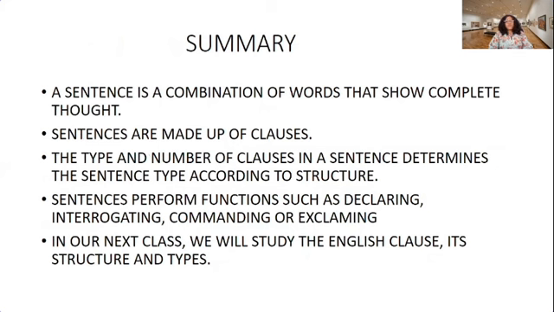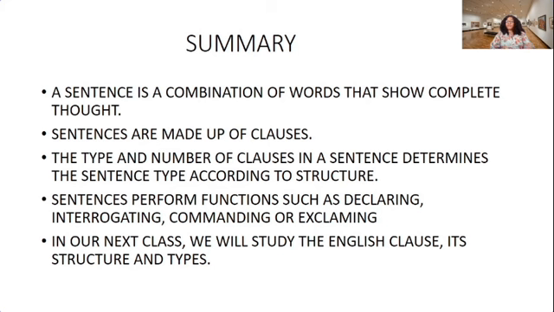Today we've been talking about the English sentence, and I would like to do a recap of what we have studied so far. We started out by saying that the English sentence is a unit. It's one of the five grammatical units we have in the grammar rank scale. It is the highest, and it is made up of at least a clause.